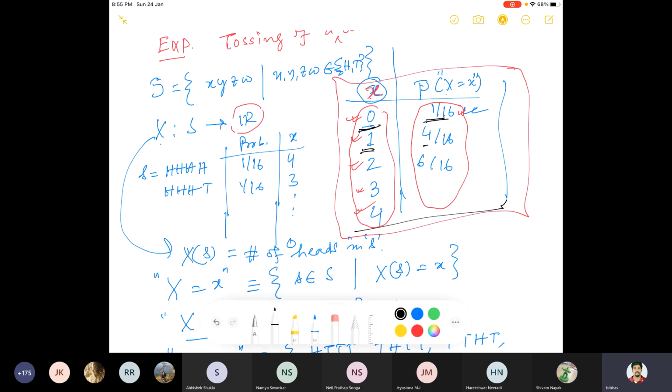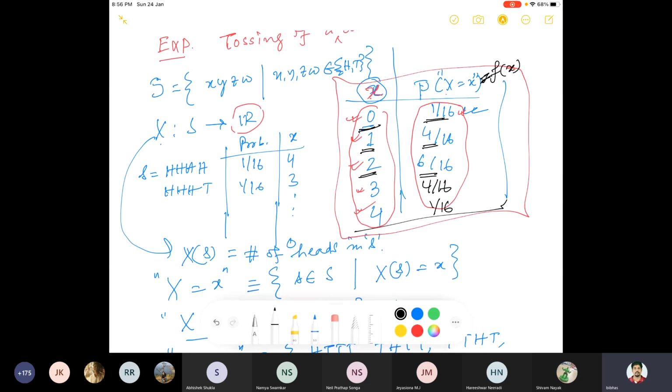X equal to 1, it is 4 by 16. X equal to 2, it is 6 by 16, and so on. For 3 also it will be 4 by 16, and for 4 it will be 1 by 16. So this is the probability mass function f of x of this random variable.